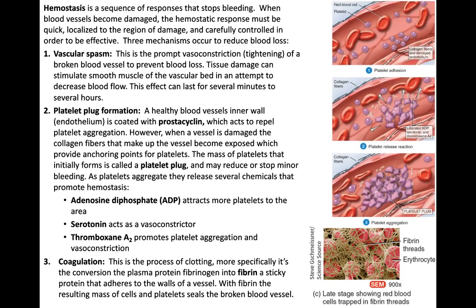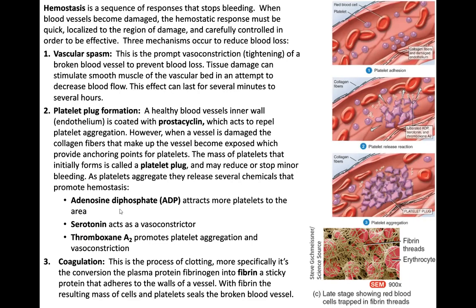Okay. Now, as a few of those platelets begin collecting, we see it especially here in step 2, they start releasing several chemicals that help promote more and more of those platelets congregating. Those include ADP, serotonin, and thromboxane A2.